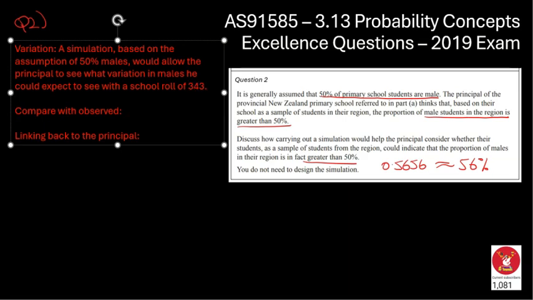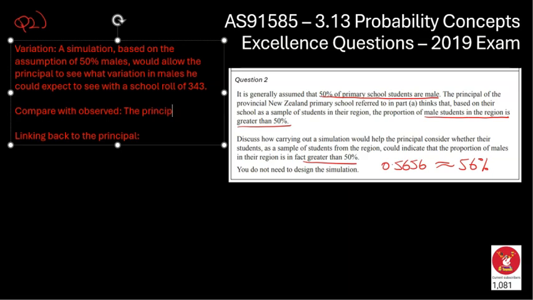So that's the thing. For his school, how much variation in the proportion of males is he expecting to see? Once he's got that variation, he then wants to compare it with his numbers. So that's what this observation comparison part means.